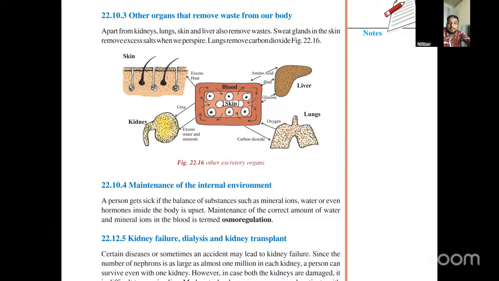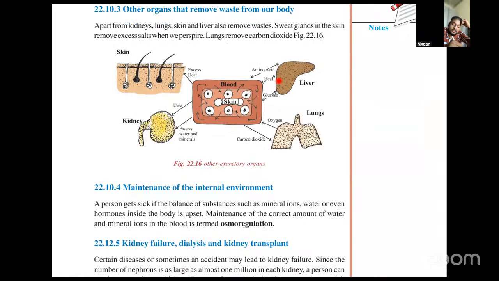That namak is nothing else but salt, and that salt is not useful for your body. That's why it's excreting it out. So the skin releases sweat, and this is also an excretion process.